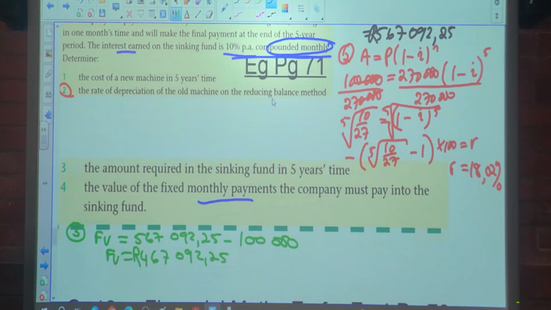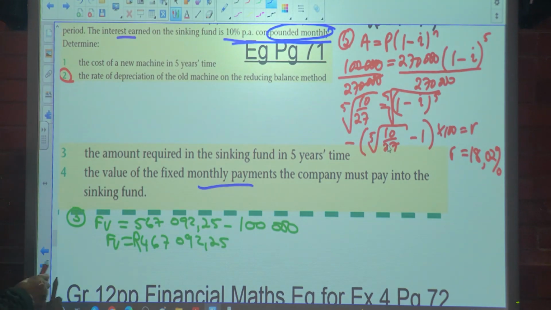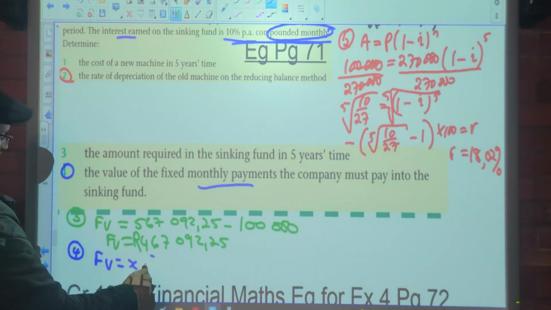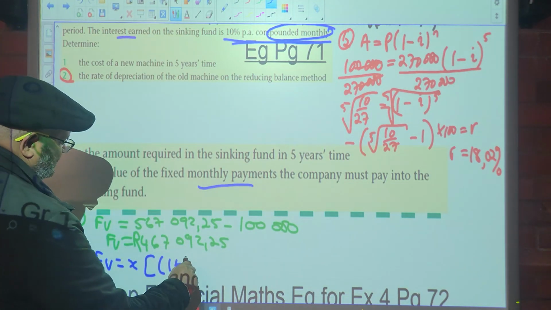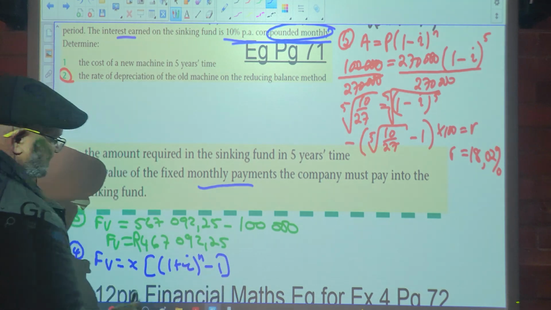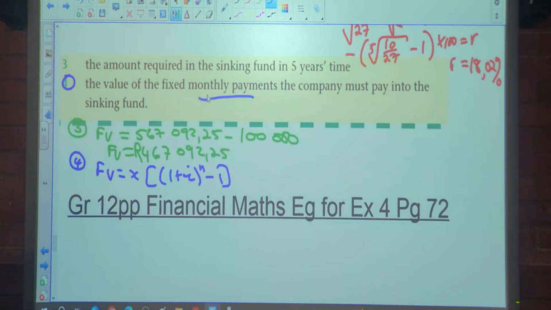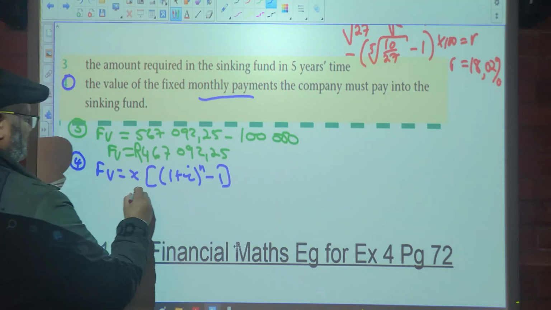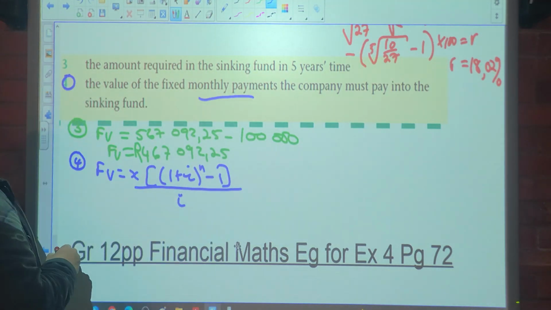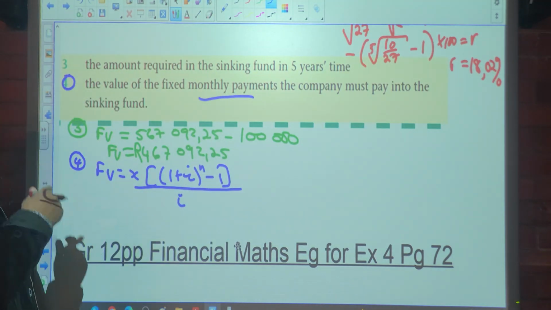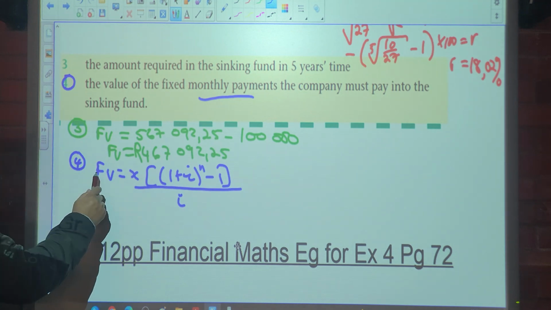So with that in mind, we're going to use the future value formula, of course. So we say future value is equal to x into 1 plus I to the exponent n, minus 1, and this is all over I. What do we need? How much do we need in the future?